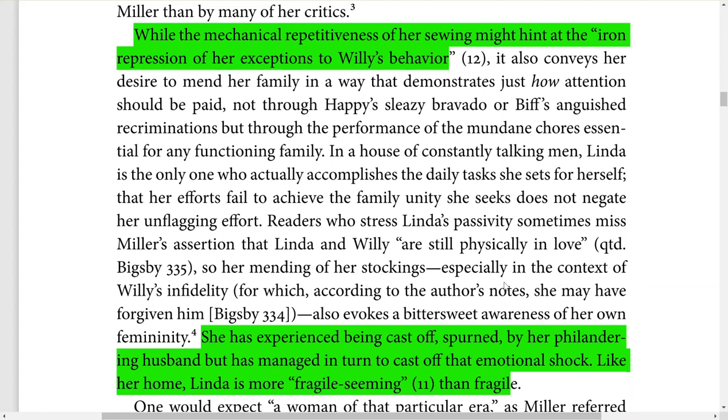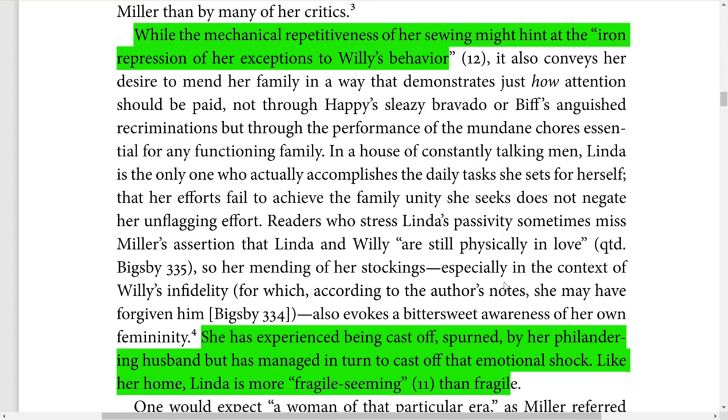Look at the sentences I have highlighted here. "While the mechanical repetitiveness of her sewing might hint at the iron repression of her exceptions to Willy's behavior, it also conveys her desire to mend her family in a way that demonstrates just how attention should be paid, not through Happy's sleazy bravado or Biff's anguished recriminations, but through the performance of the mundane chores essential for any functional family.